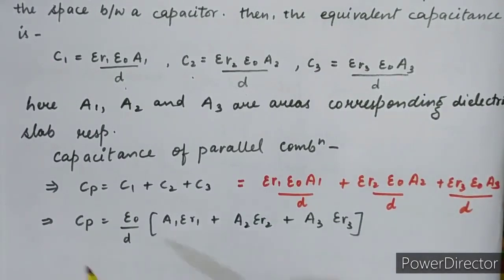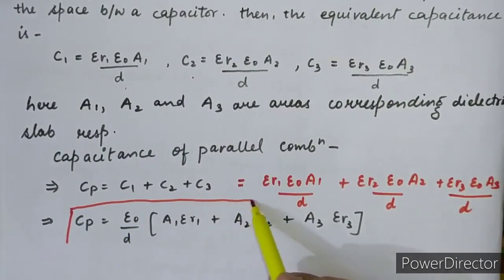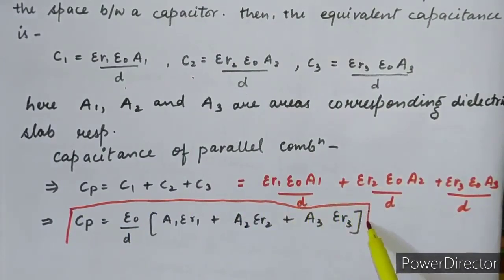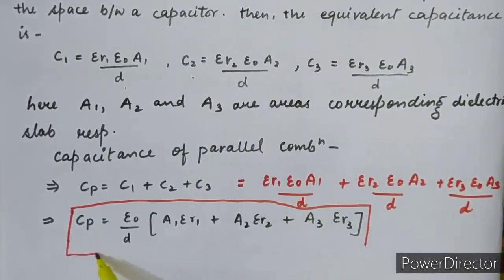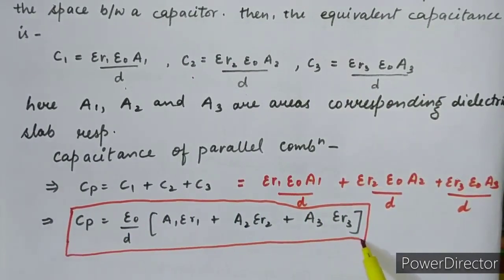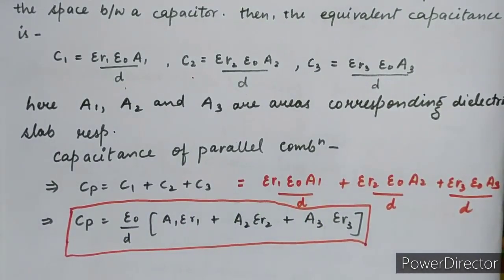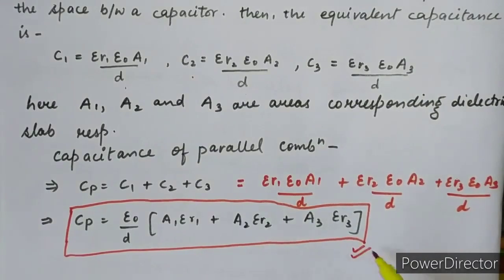This is the value of equivalent capacitance when three capacitors are connected in a parallel combination and each capacitor is filled with a different dielectric constant between the plates of the parallel plate capacitor. This is the value of equivalent capacitance.